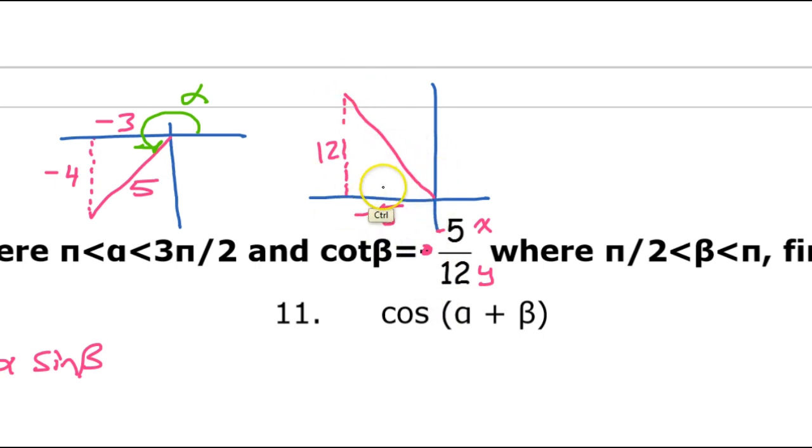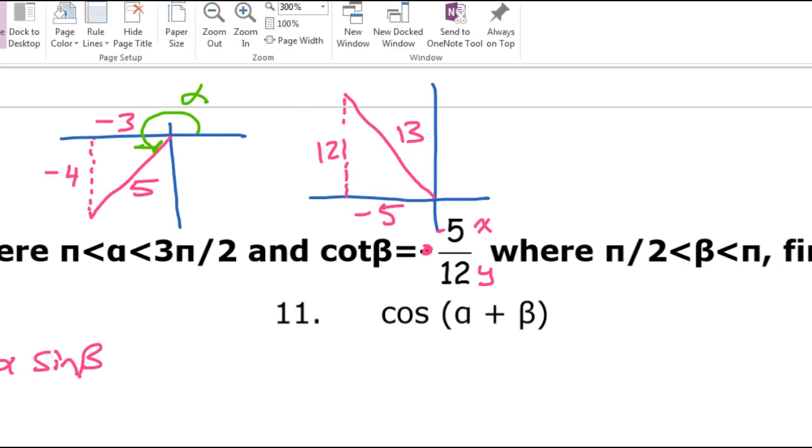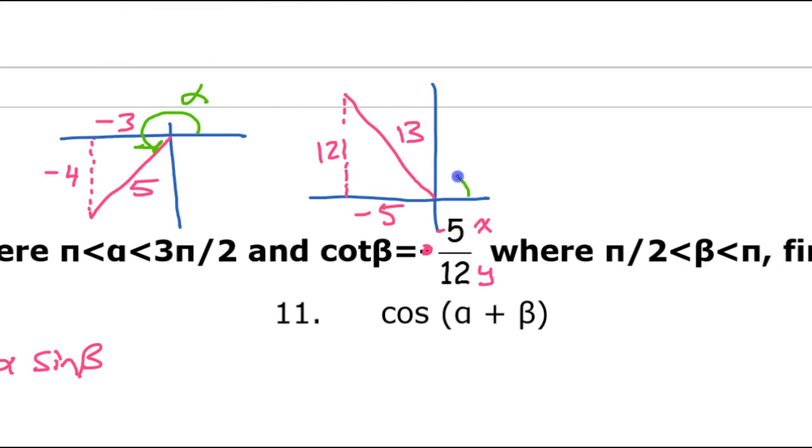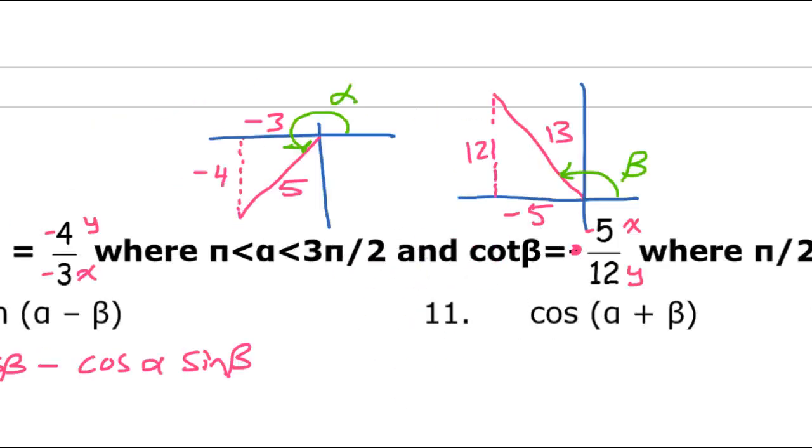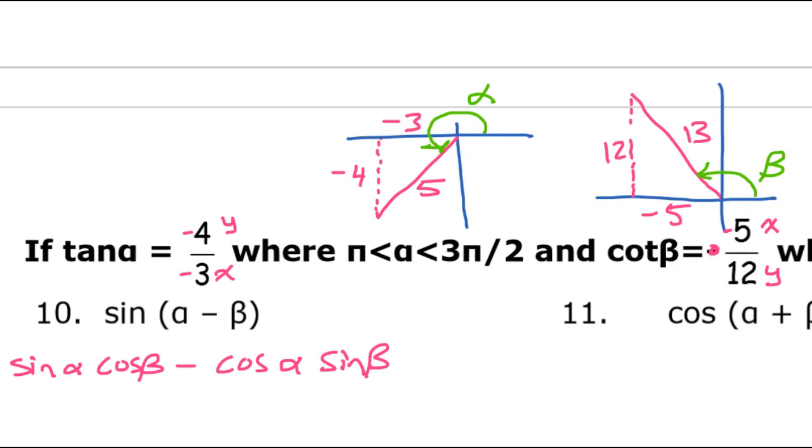This is another one that I have memorized. There's a 5, 12, 13 right triangle. So if you didn't automatically know that, just do the Pythagorean theorem. So this is a diagram of angle beta. Okay, so now we should be able to start finding these values.